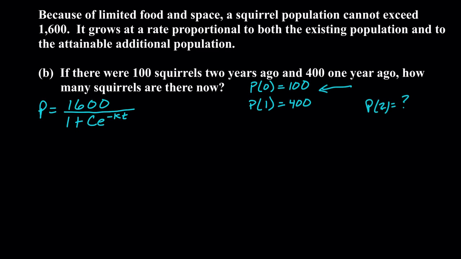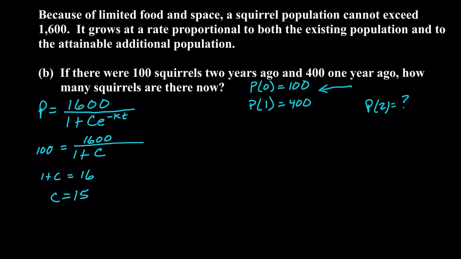So that's going to be our first step, solving for C. We start with a population of 100 is equal to 1,600 over 1 plus C, and then once again, e raised to the negative k times 0 is just 1. And so we'll solve like we did in part 1, giving us 1 plus C is equal to 16, and therefore C is equal to 15.